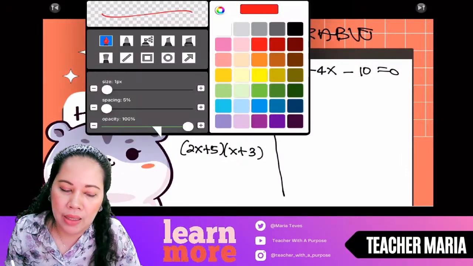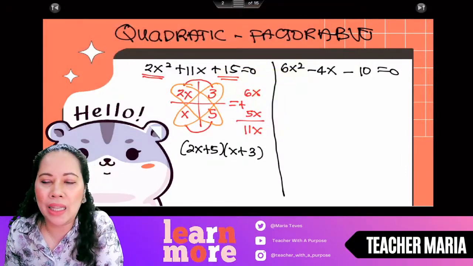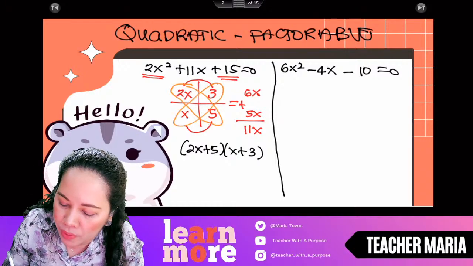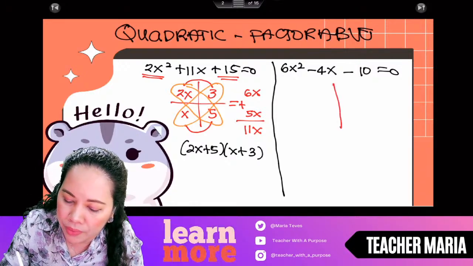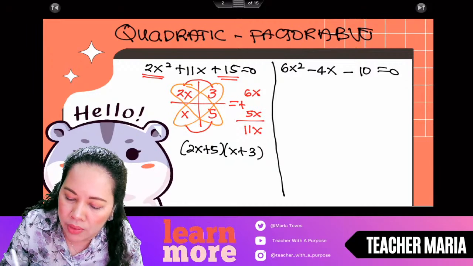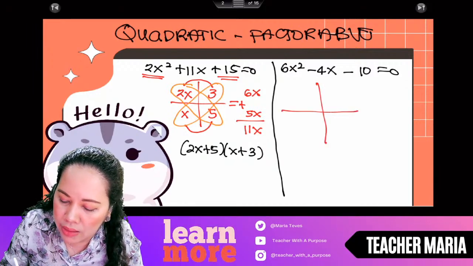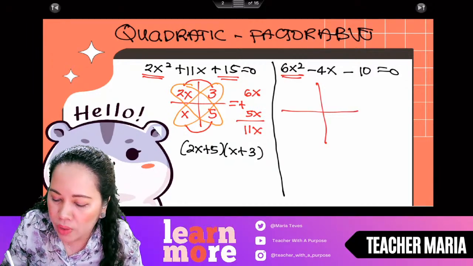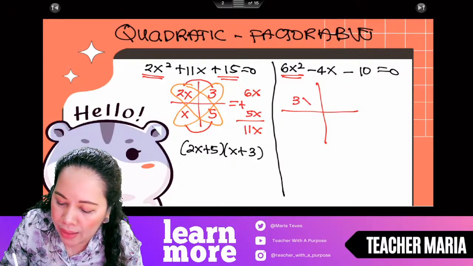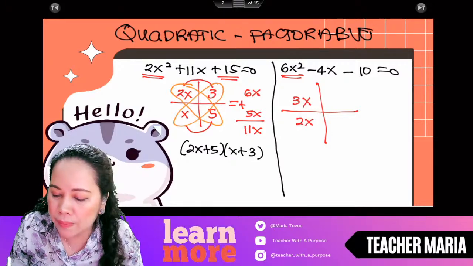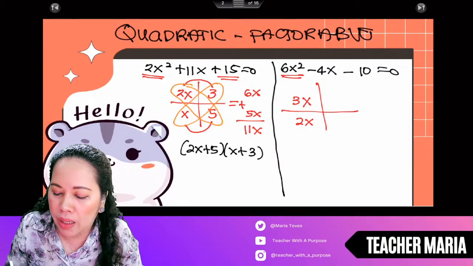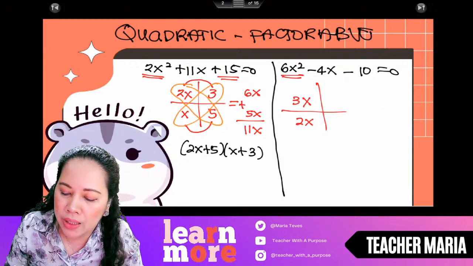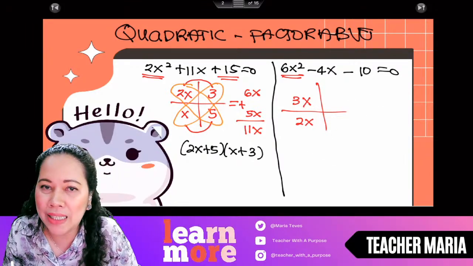Okay. And we have the last one. So the last one you will have 6x squared. So you will have 3x and 2x. And what are the factors of 10? It's a negative 10.